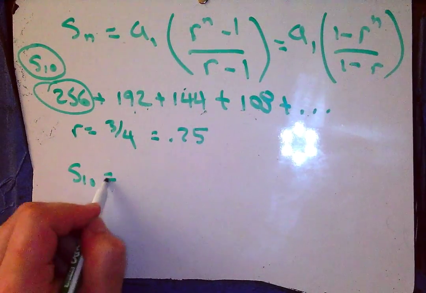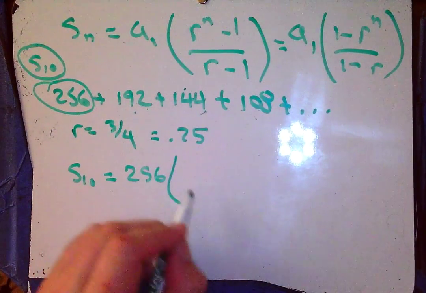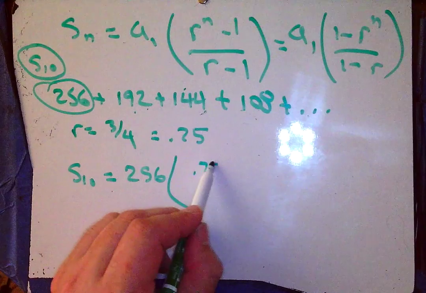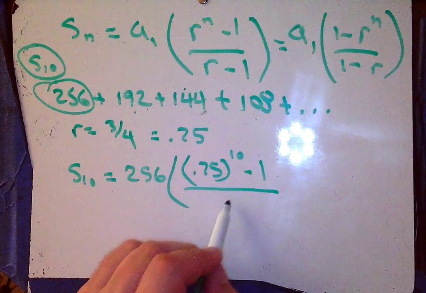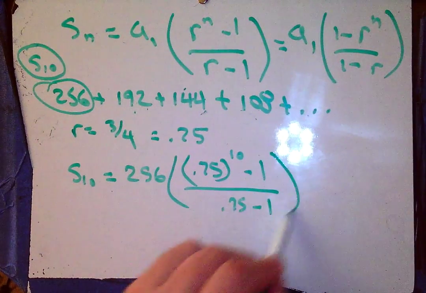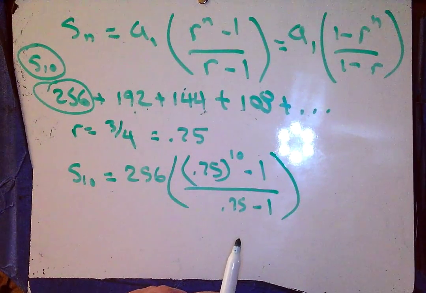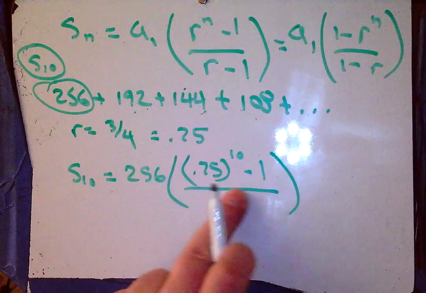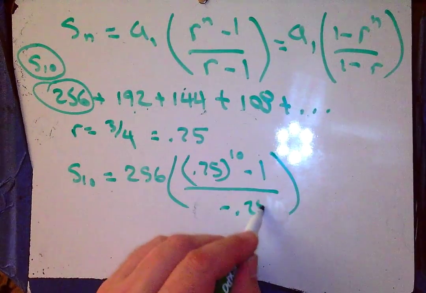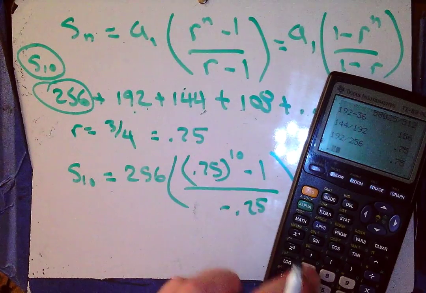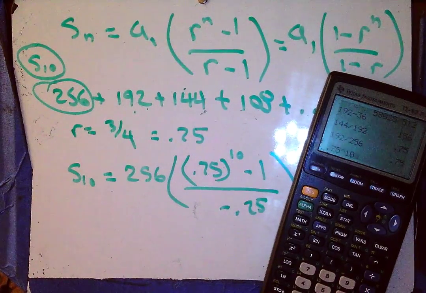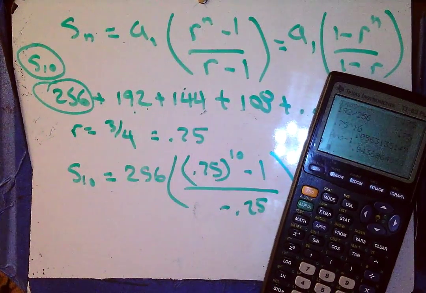So S of 10 equals 256 times 0.75 to the 10th minus 1 over 0.75 minus 1. All right, so on the bottom, we're going to have negative 0.25. Wonder what we're going to have on the top. 0.75 raised to the 10th power minus 1.